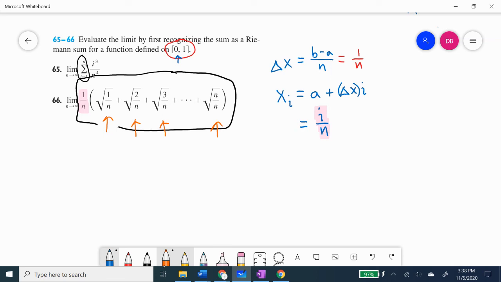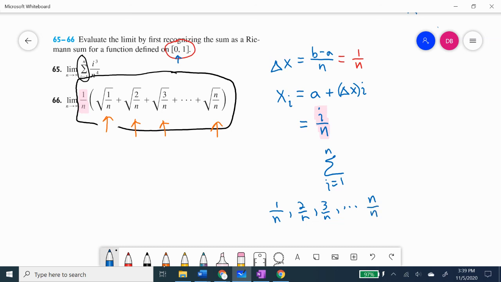Now, if I'm using the right Riemann sums, then my first I is 1 and my last I is n. So I'm looking for 1 over n, 2 over n, 3 over n, dot, dot, dot, to n over n.